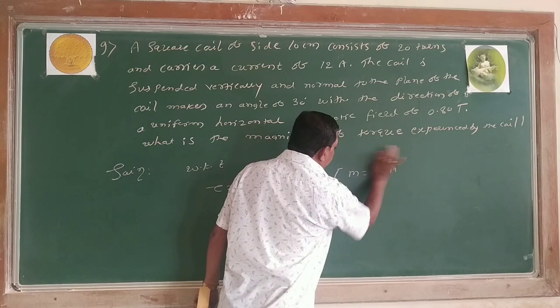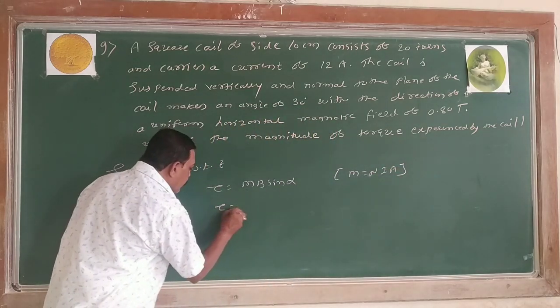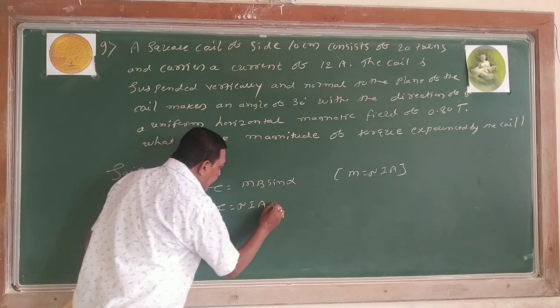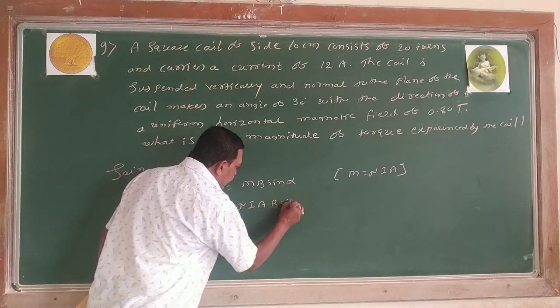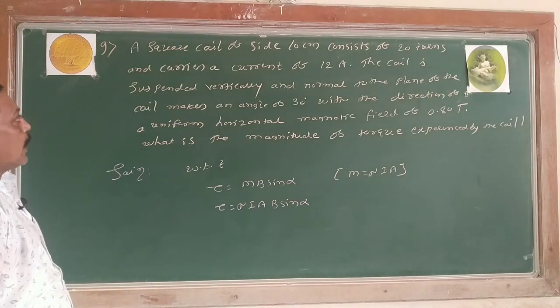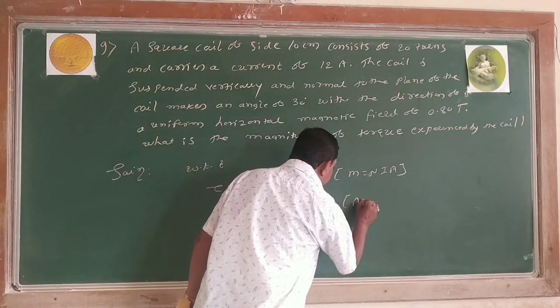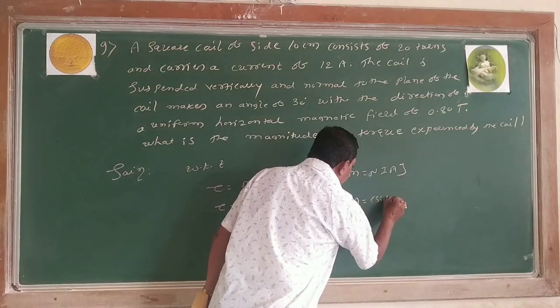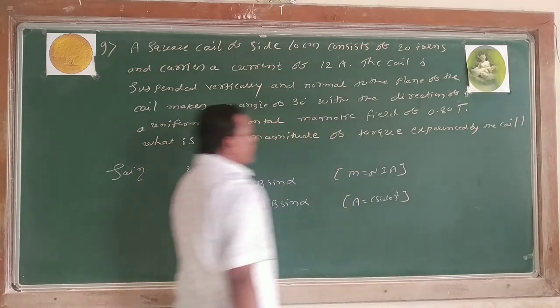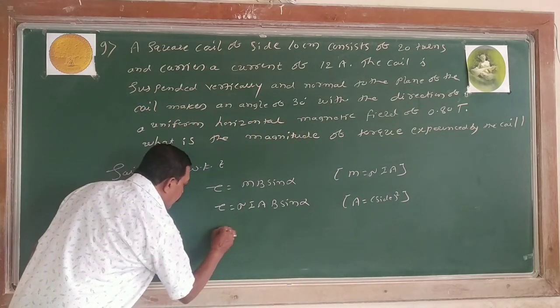So torque tau equals NIA into B sin alpha. For the square coil, what is the area A? Area equals side squared. Right? Then torque tau equals, shall I write what is the side?